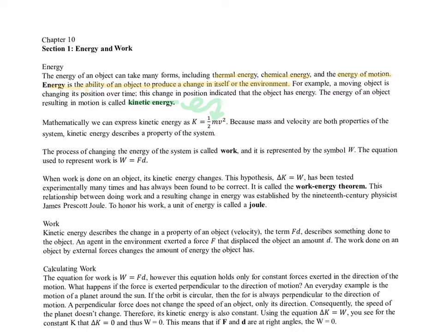It has not changed. Kinetic energy equals 1/2 mv squared. M, of course, is for mass, and we do need to make sure it is in kilograms. V is velocity, and it needs to be measured in meters per second.